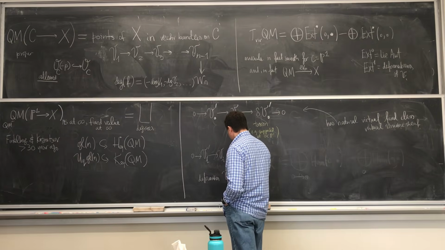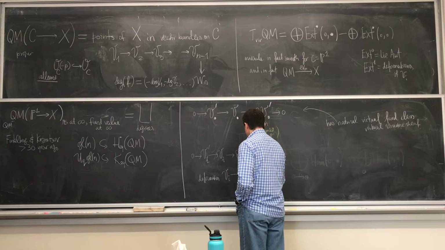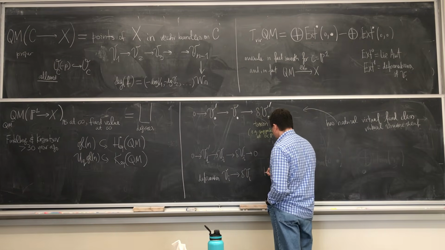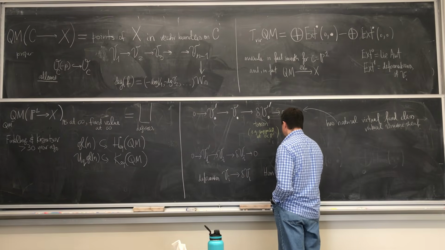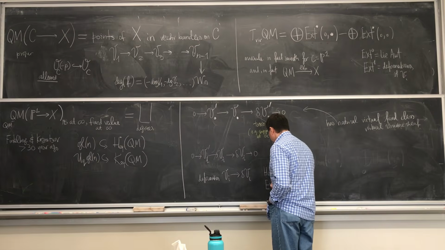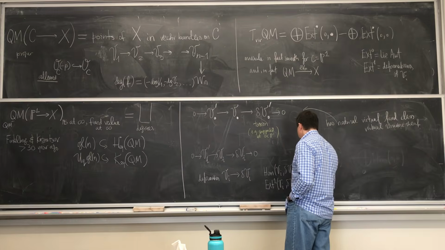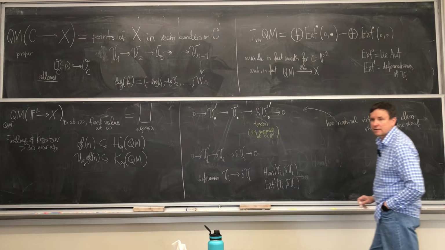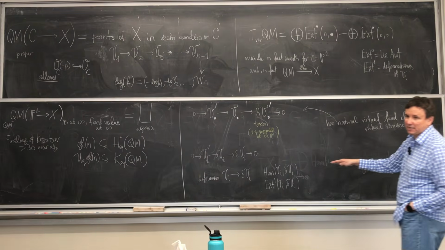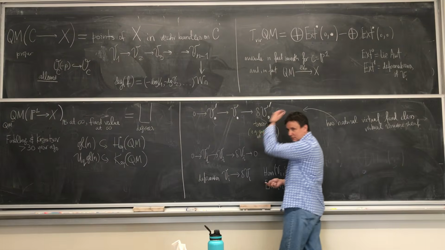Deformation of a map, V_i going to delta V_i. So in principle, there's of course Hom(V_i, delta V_i). But there could be an obstruction coming from Ext^1(V_i, delta V_i). No, just deformation of the map.